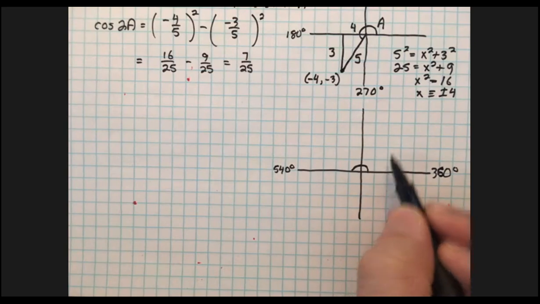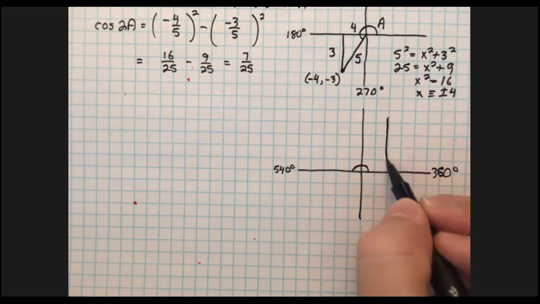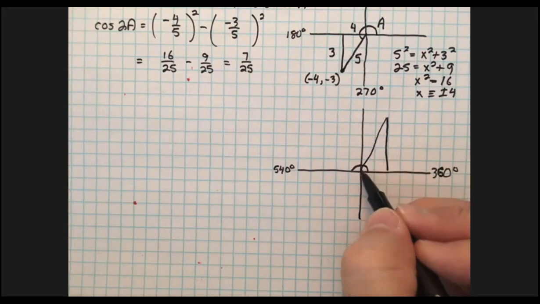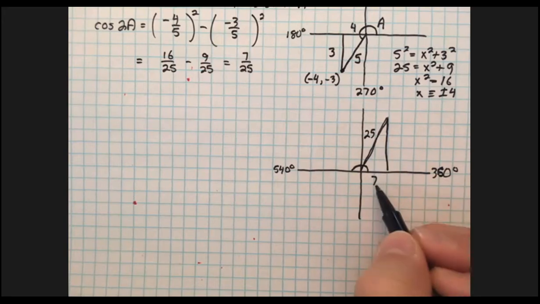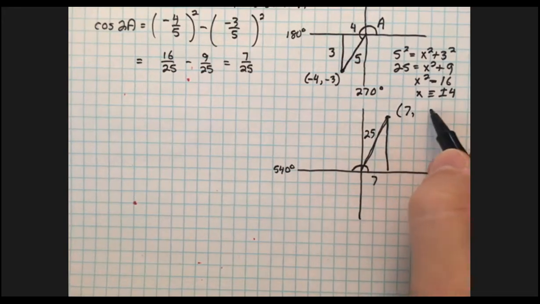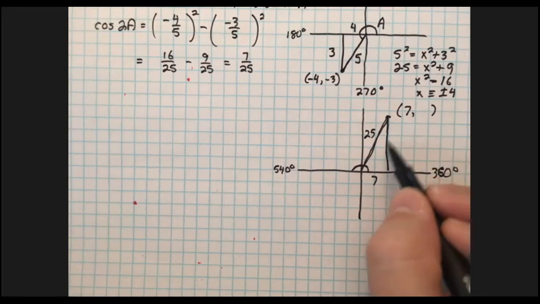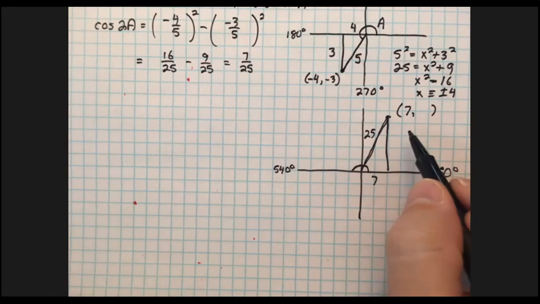So let's say 7 over 25. That's going to be relatively steep. 7, 25, adjacent over hypotenuse. Positive 7, y coordinate is positive. What's that y coordinate going to be?